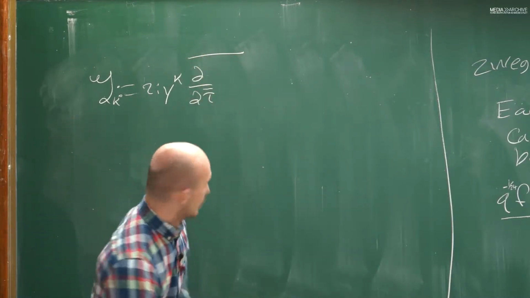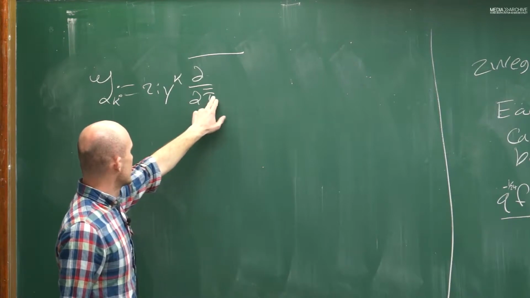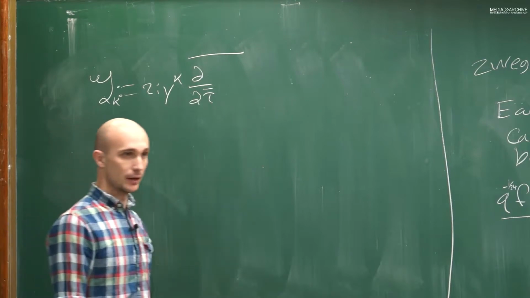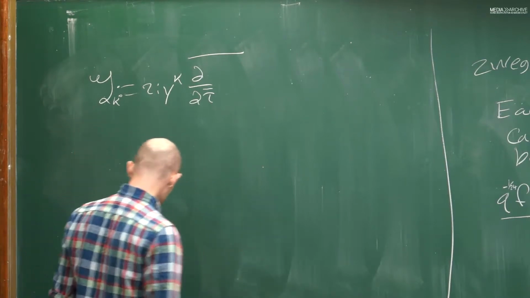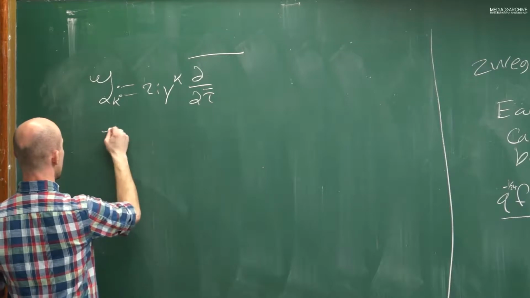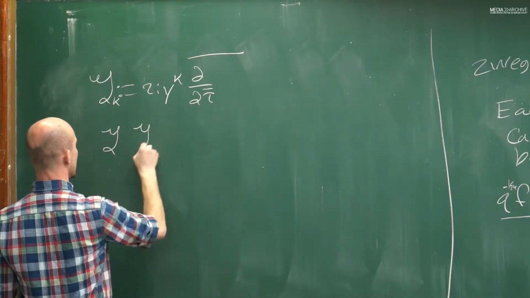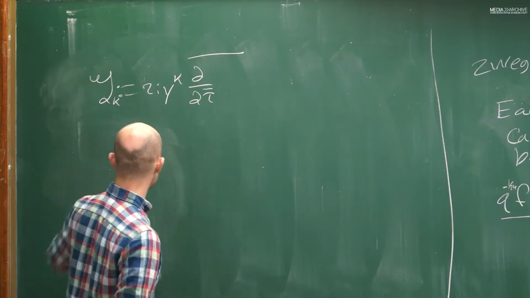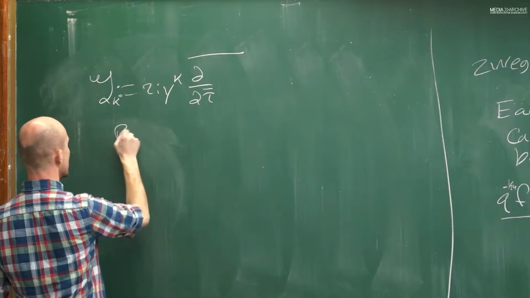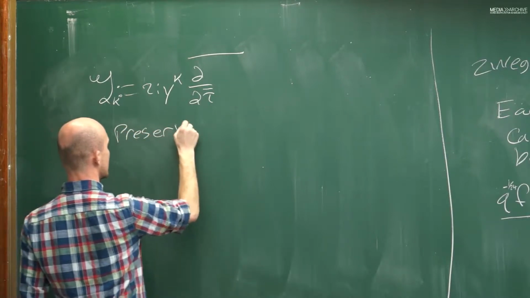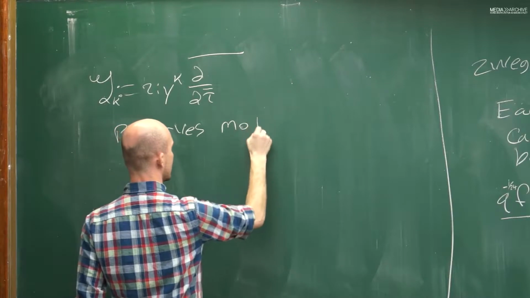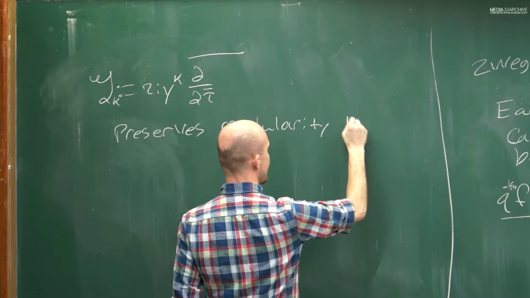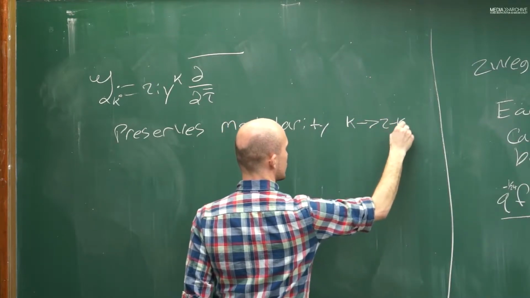So take a partial derivative with respect to the conjugate of tau, and then conjugate that whole result, and then multiply by 2i y to the k. This has several nice properties. The first thing I should say is that this preserves modularity, but it sends weight k to weight 2 minus k.